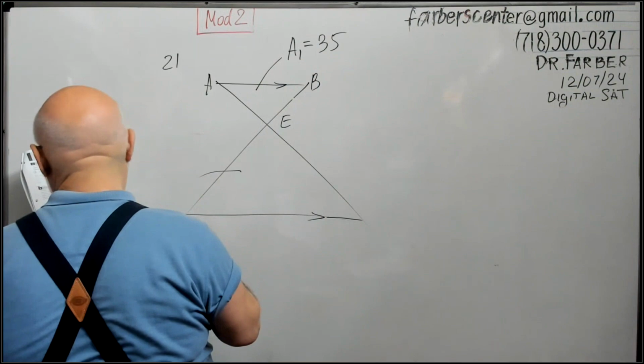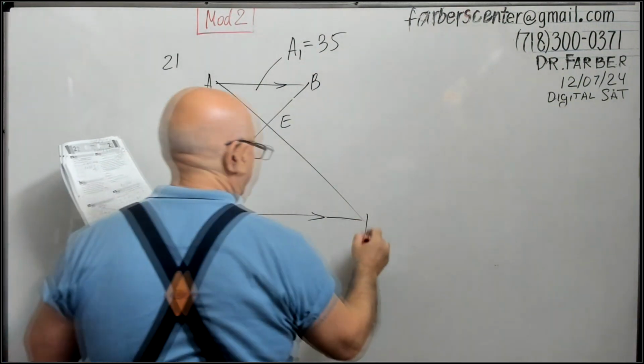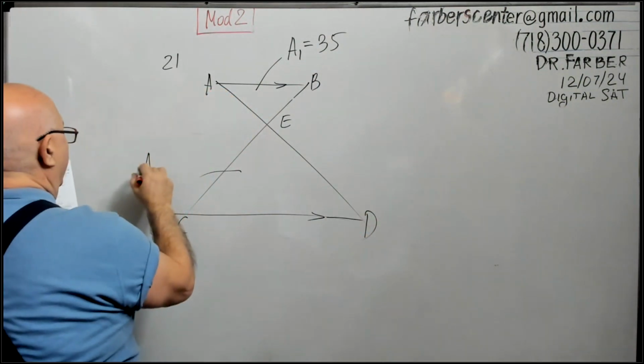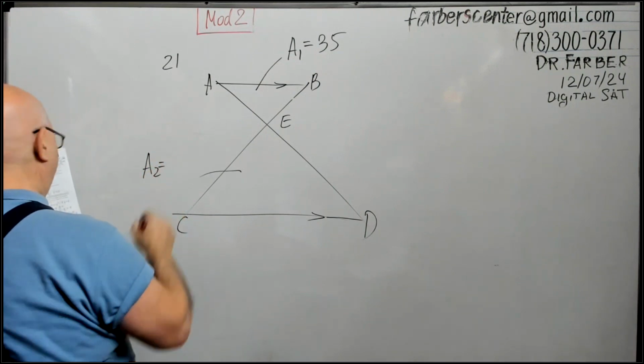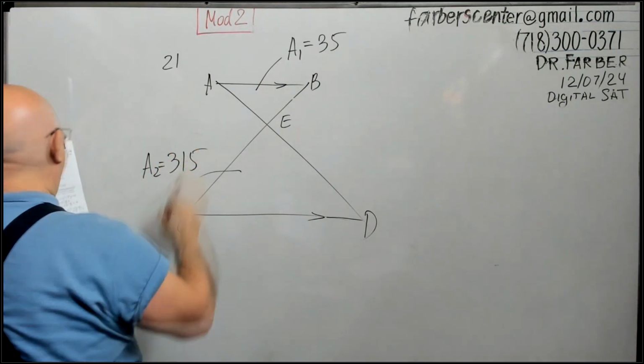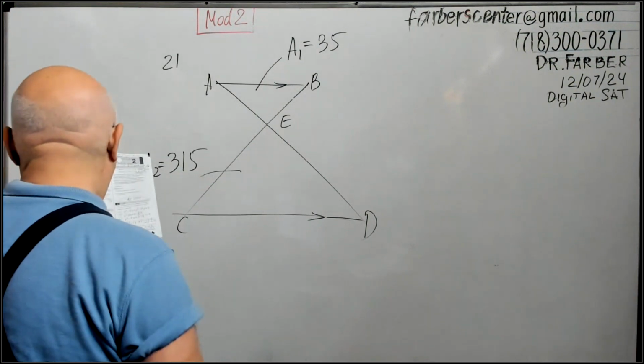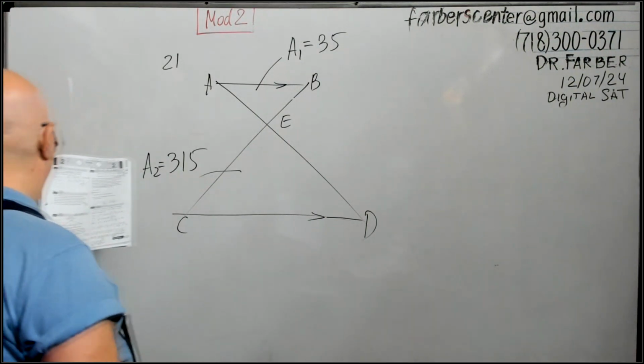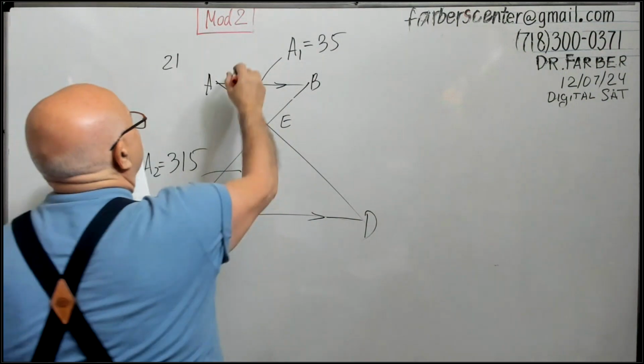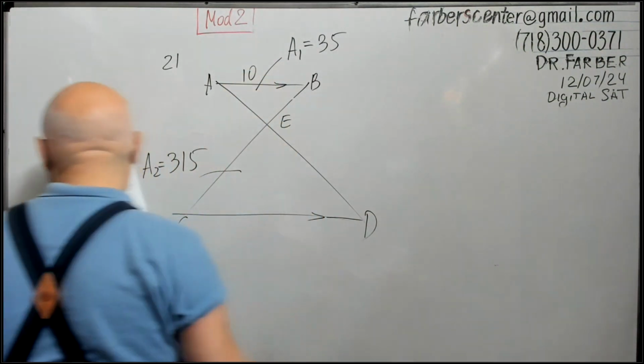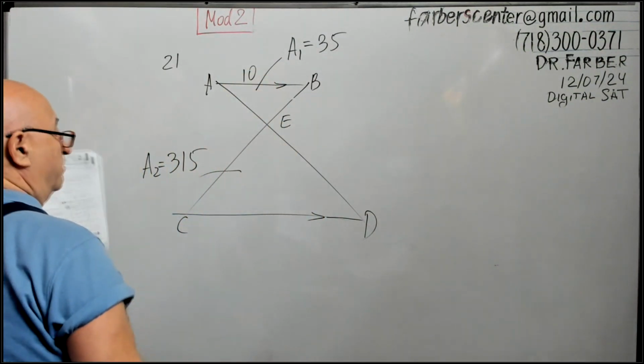And this one over the CD, area 2, equals 315. AB equals 10. This is 10. CD is x.